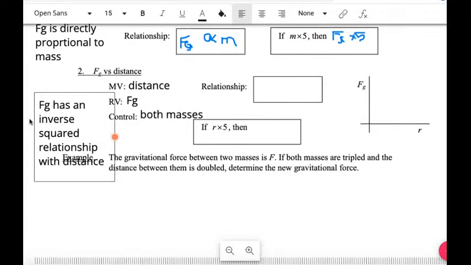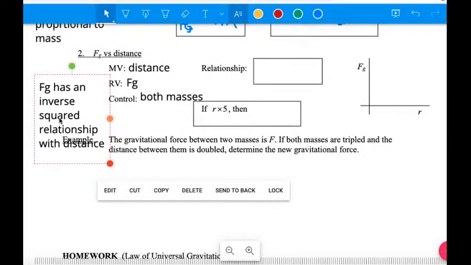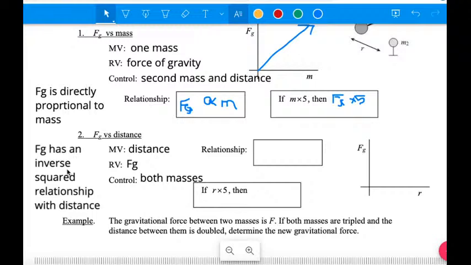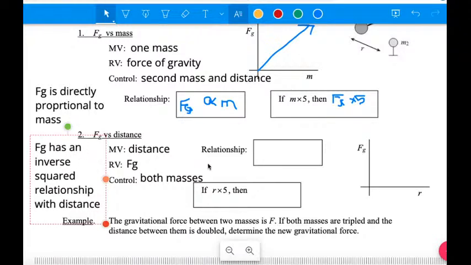So the relationship, proportionality speaking, first I'll do a word statement. Force of gravity has an inverse squared relationship with distance. If we write that as a proportionality, it will be 1 over r, distance squared, inverse squared.